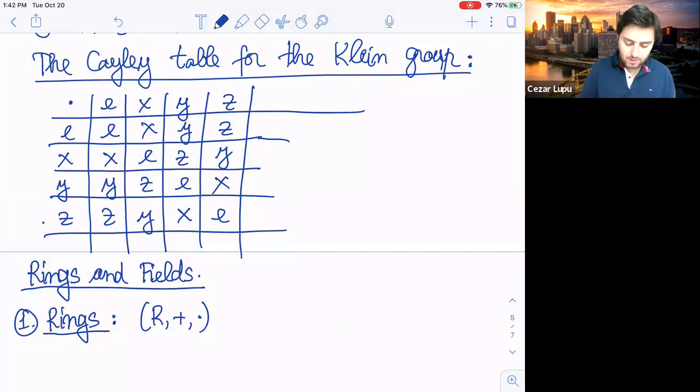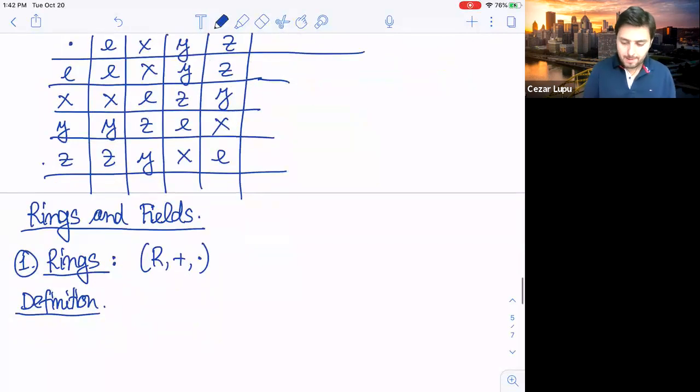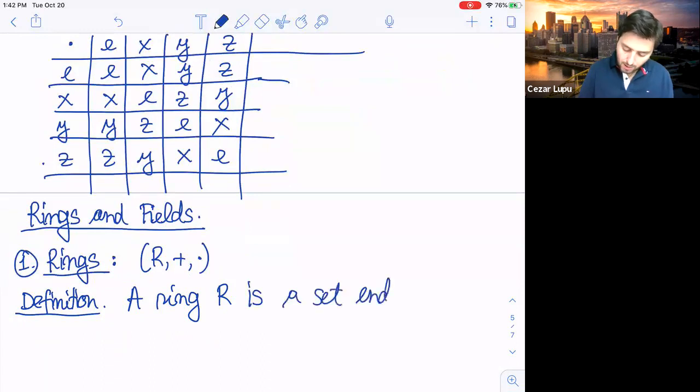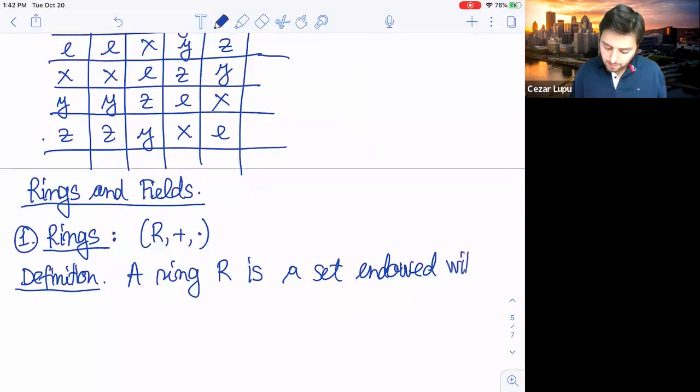And the definition states the following. A ring R, like above, is a set endowed with 2 operations.